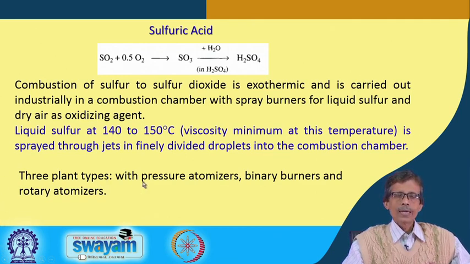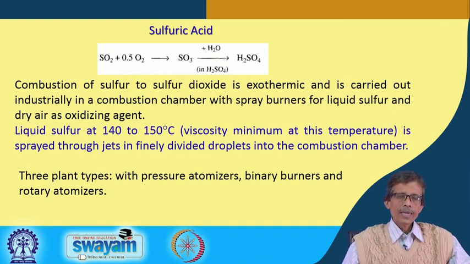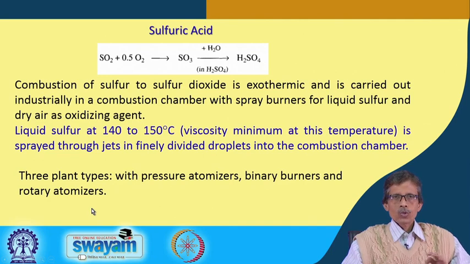So, three plant types are known: with pressurized atomizers, that means we are forcing the liquid sulfur to spray inside, then binary burners and rotary atomizers. So, atomizers are nothing but very fine droplets, the mists forming from the liquid sulfur which are being sprayed inside.